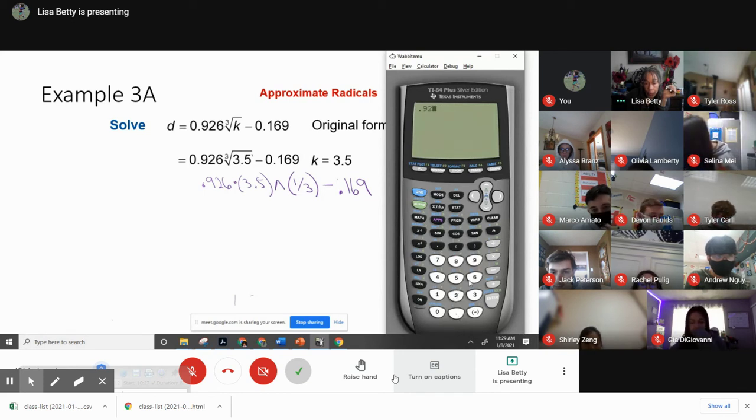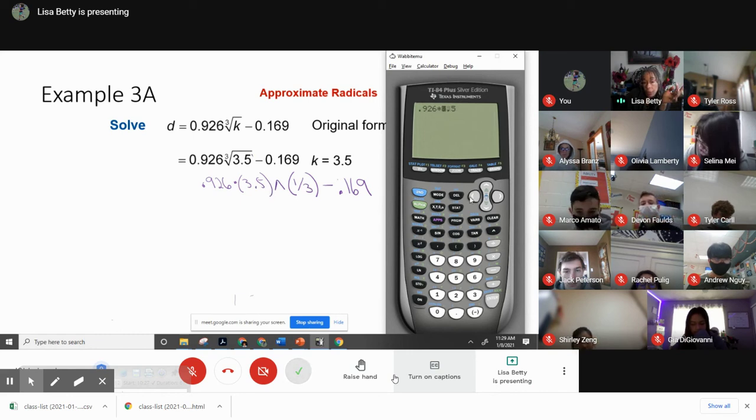So we put in 0.926, and I'm going to say times, and then I'm going to say 3.5. I have these parentheses there. You don't need them, but they won't kill you if you put them in. It doesn't hurt you at all.